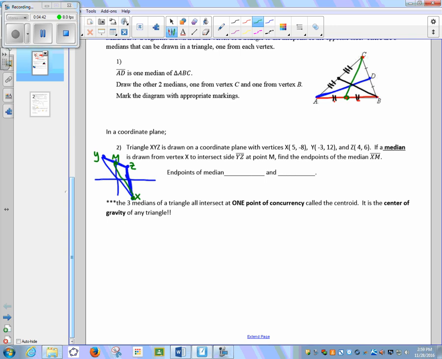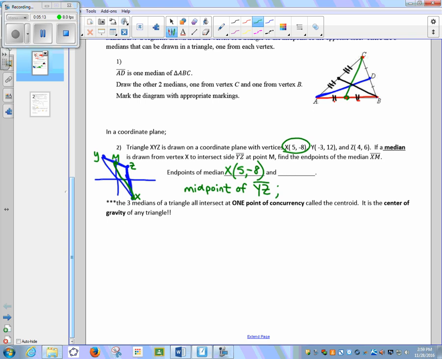Well, we know that one endpoint of the median is at X, whose coordinates are (5, -8). What we need is the midpoint of YZ, because that's where the other endpoint of our median is going to be.